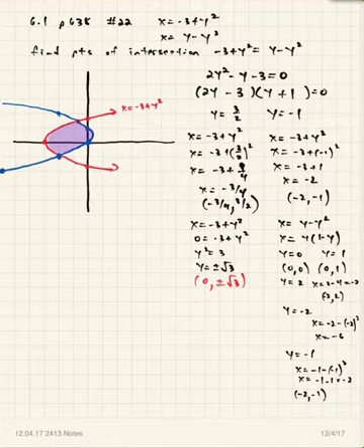Now, in a problem like this, what I want you to notice is that if you use representative rectangles, like we've been talking about, there's a problem here.